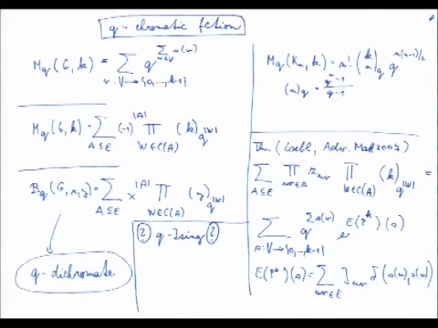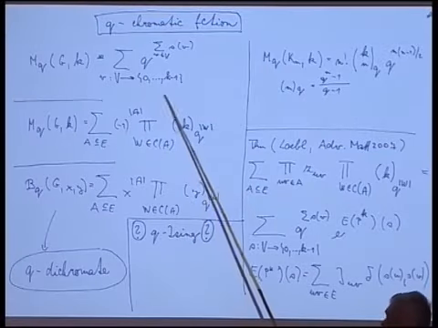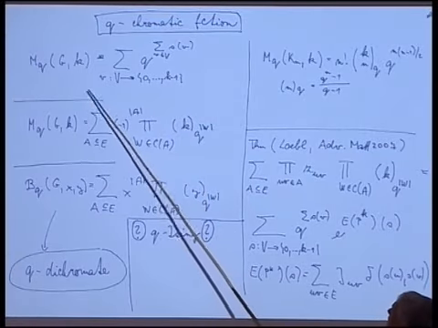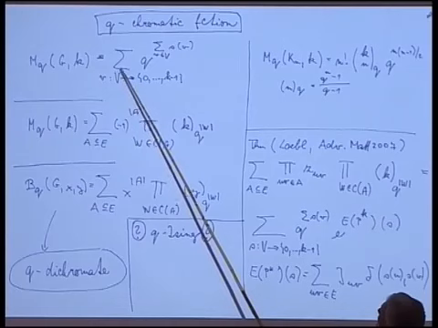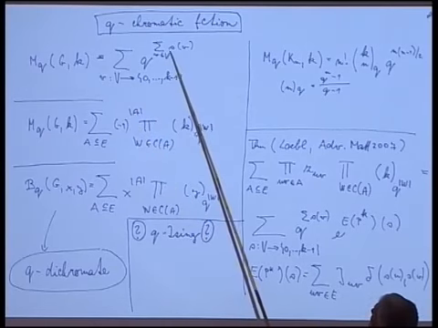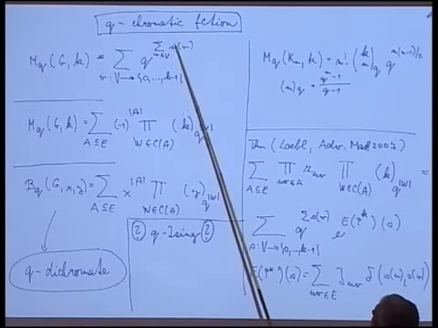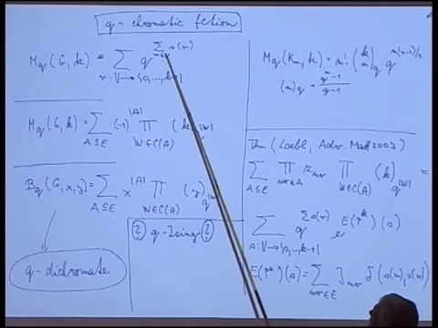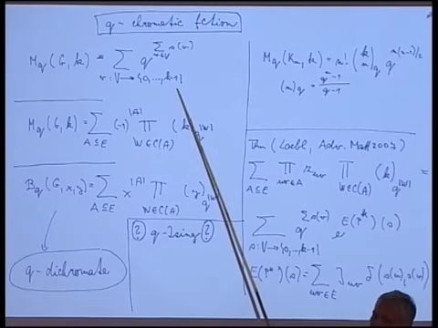So what are these Q chromatic functions? Well, it's a definition, my definition which I like. So let's define this function. It's a sum over S, which is a proper coloring of a graph by colors from 0 to k minus 1, right?